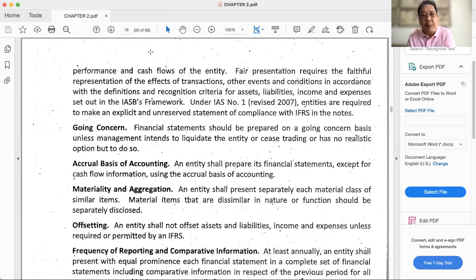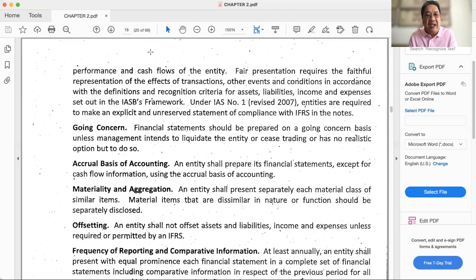Financial statements should be prepared on an ongoing concern basis unless management intends to liquidate the entity. Going concern, ibig sabihin tuloy-tuloy ang negosyo. Mapuwera, isara. Accrual basis, remember, merong cash basis and accrual basis of accounting. I did not discuss in detail cash basis of accounting sapagkat hindi yung ginagamit naman. Accrual basis ang tunay na ginagamit.